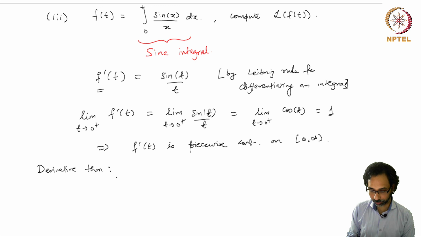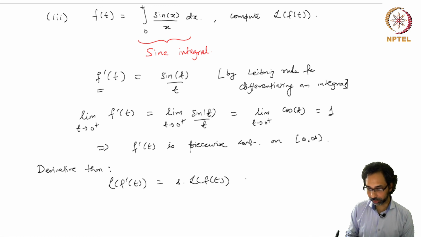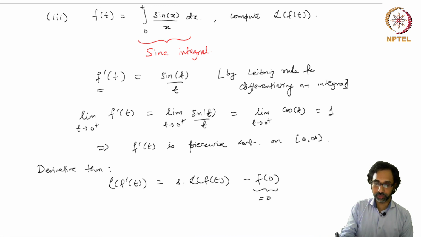So this says that the Laplace transform of f prime(t) is equal to s times the Laplace transform of f(t) minus f of 0, but here again f of 0 is 0 because when you take the limit as t goes to 0, the integral goes to 0 as well. So the integral is in fact a continuous function of t, so this is simply 0.